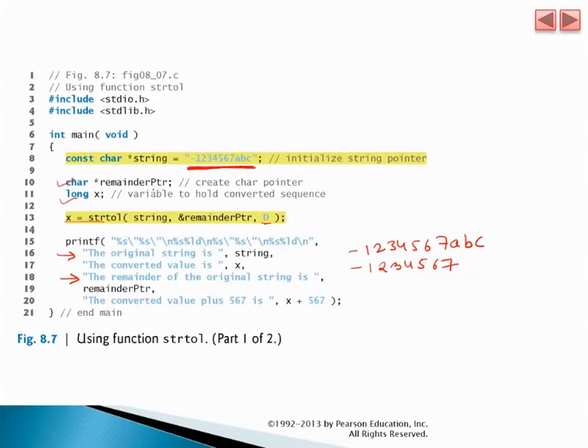The remainder string will become ABC, so the remainder pointer will point to ABC. Now we are performing one more operation here: the converted value plus 567, so x plus 567. The value of x is this. If we add 567 to this, what is the answer?